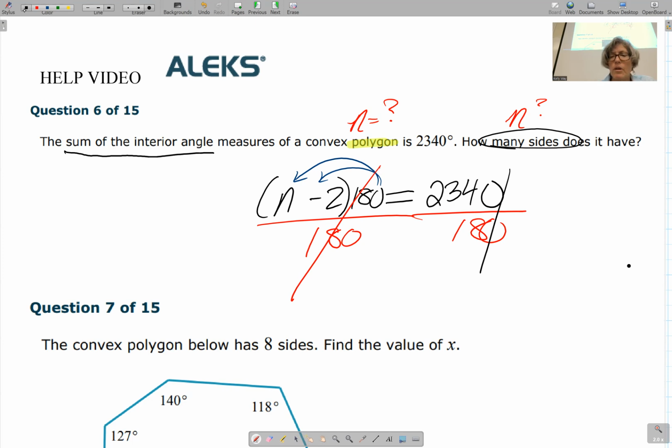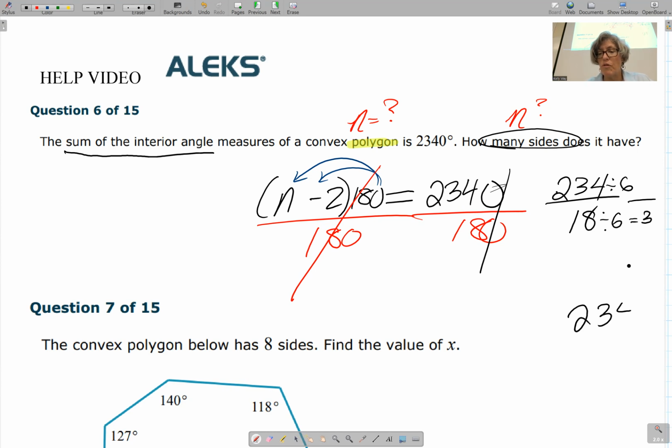So I have, by 0, so I have 234 and 18. I'm going to divide both by 6. So I know 6 goes into 18 3 times. 6 goes into 234 thirty-nine times. 39 divided by 3 is 13.